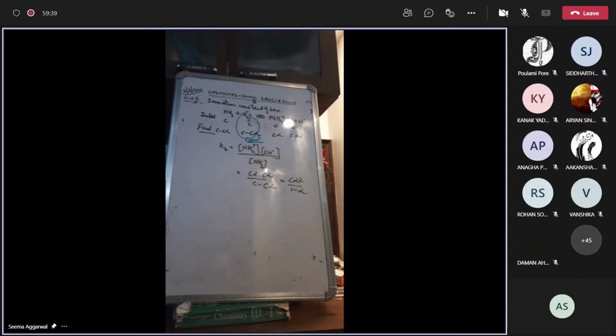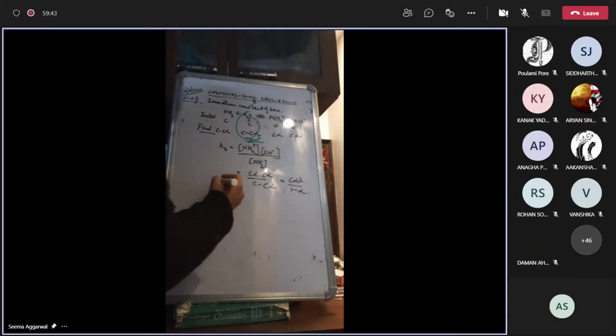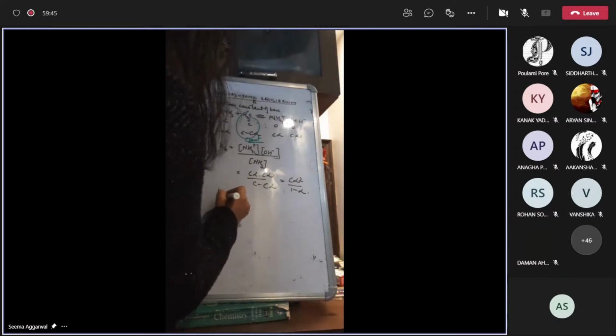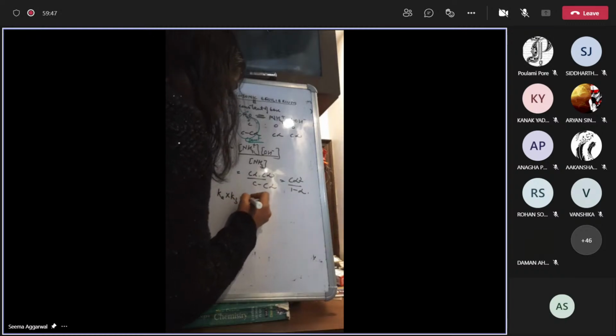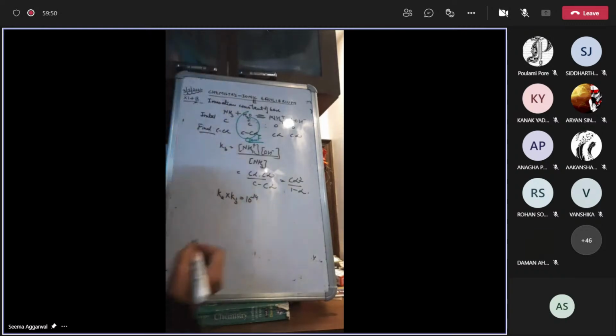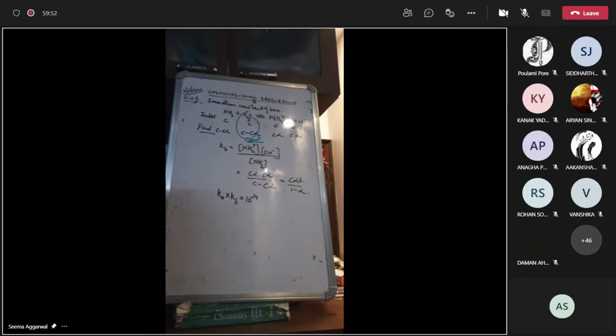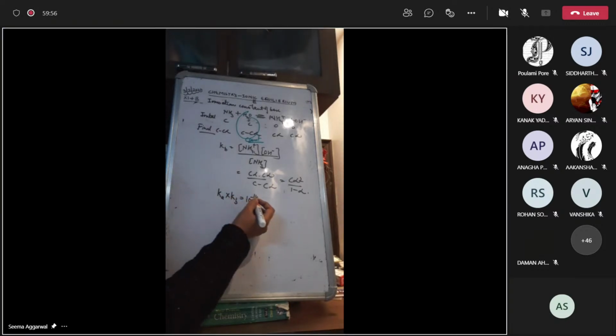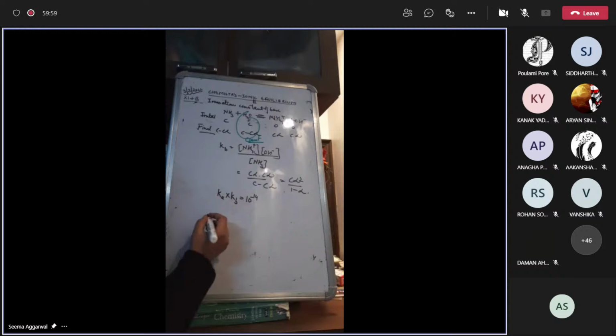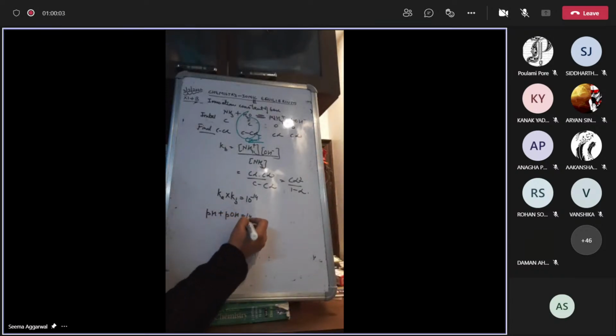The formula is exactly the same. And one more thing I told you: just remember that Ka into Kb is equal to 10 raised to power minus 14. Why? I told you that pH plus pOH is equal to 14, or concentration of H plus ions into concentration of OH minus ions is equal to 10 raised to power minus 14.